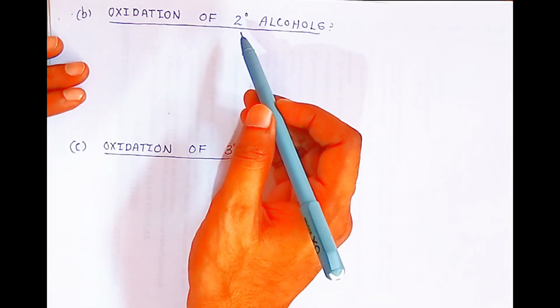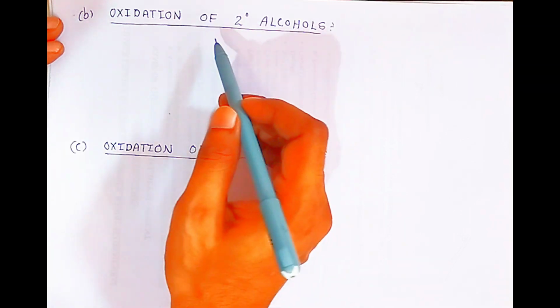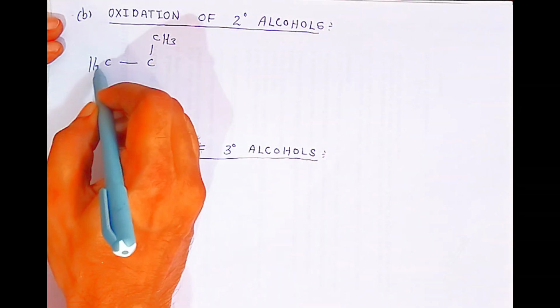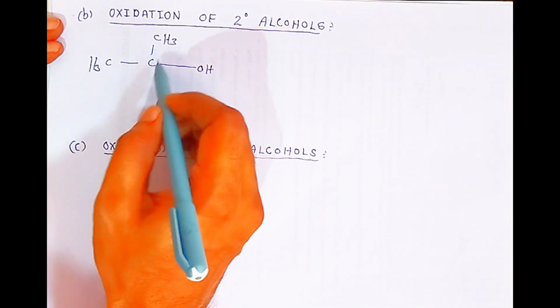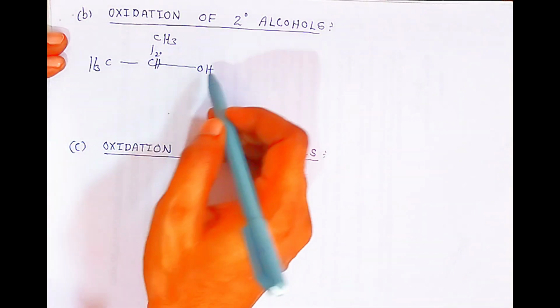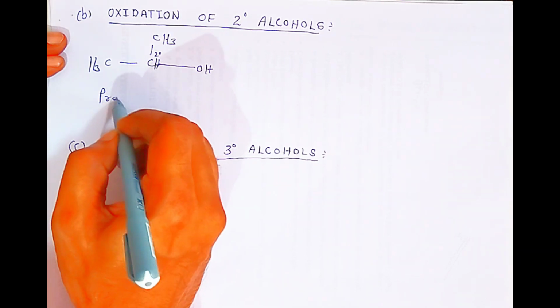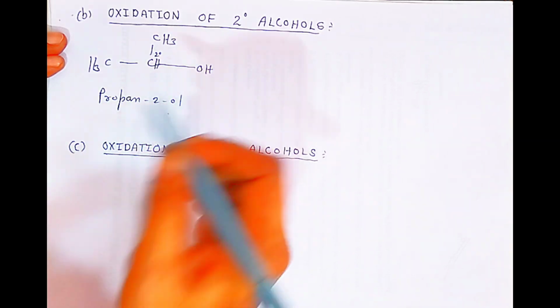Oxidation of second degree alcohol. If you are taking a second degree alcohol, students, you can take propan-2-ol. The carbon to which OH is attached is a second degree carbon, so it is called a second degree alcohol. So propan-2-ol will be the second degree alcohol.